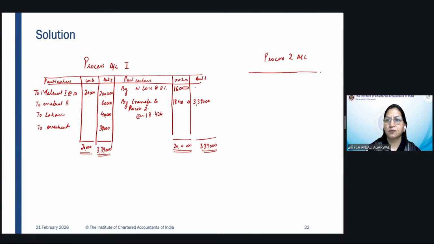So in process 2, once again, you will have to show process 1, 18,400 units at 3,39,000 rupees.